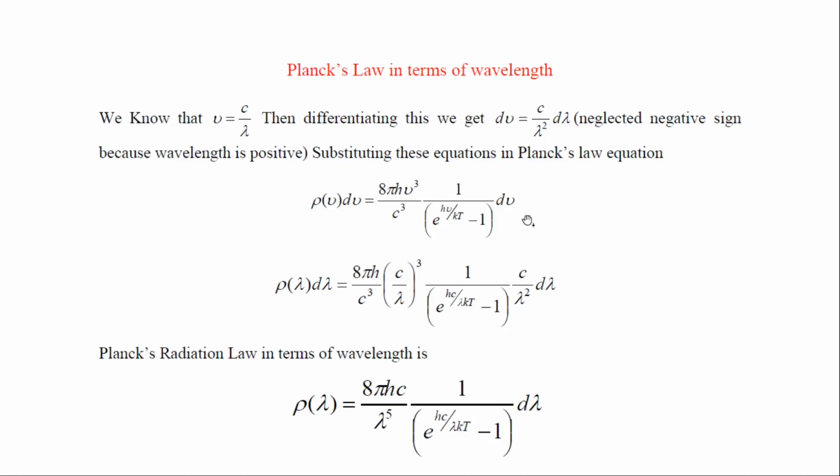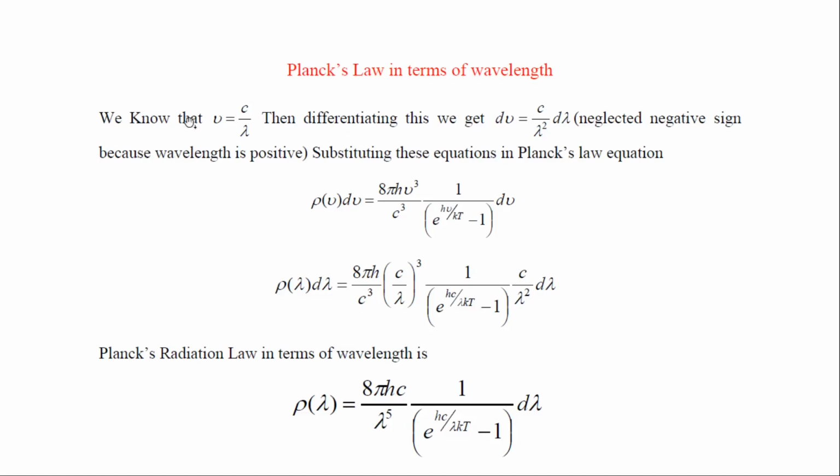For its applications, we can change this terminology into wavelength. For that, we will use nu is equal to c by lambda, where nu is frequency of the light or radiation, c is the velocity of radiation, lambda is the wavelength of the radiation.